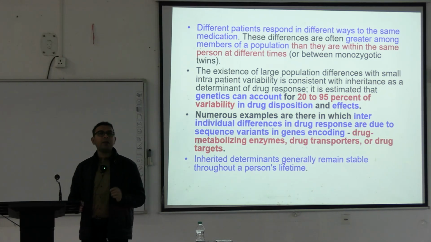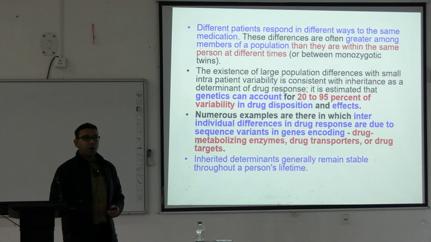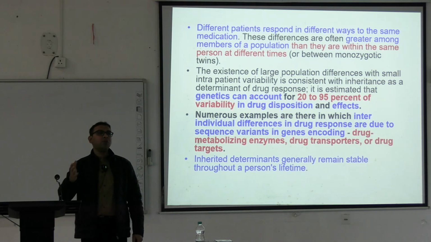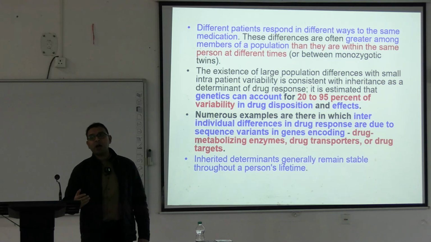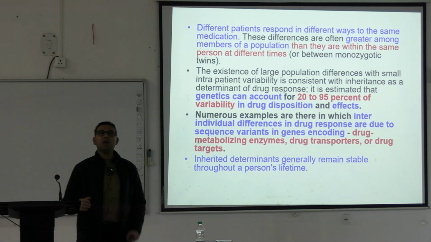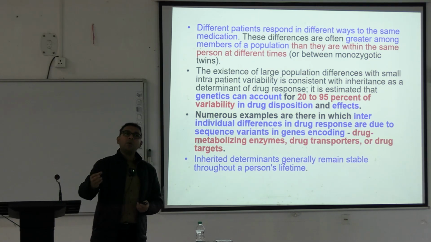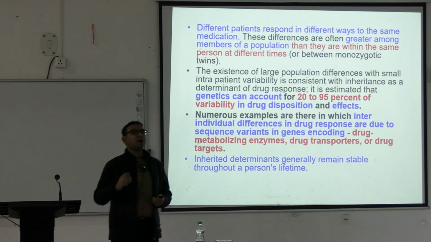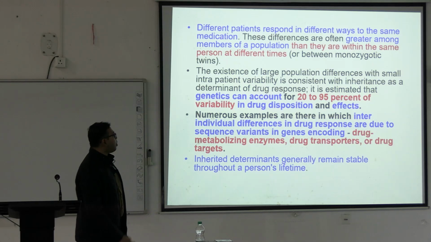Already we have seen that there are different types of genetic changes, for example cytochrome P450 levels change due to genetics, and ultimately there may be less metabolism for some drugs and more metabolism for others. If for some patient there is more metabolism of that drug, the drug will not be effective, and if there is less metabolism of that drug, that drug may lead to adverse drug reaction. So that is the problem.